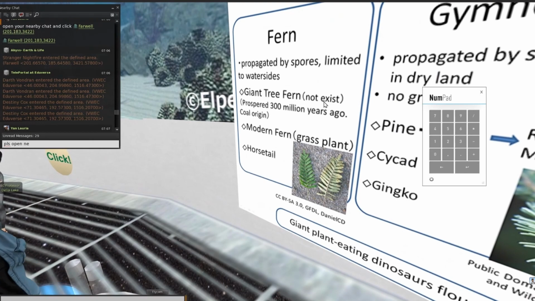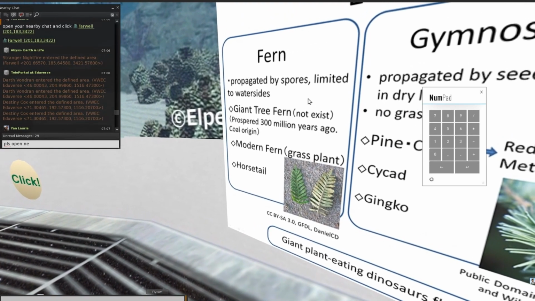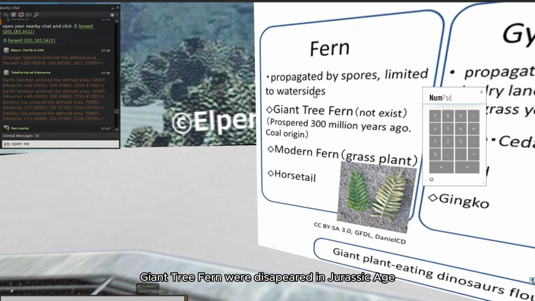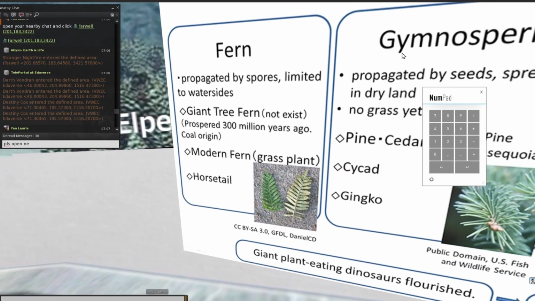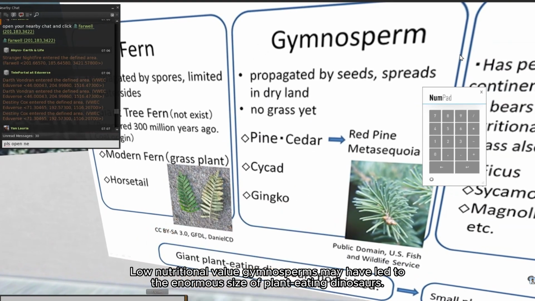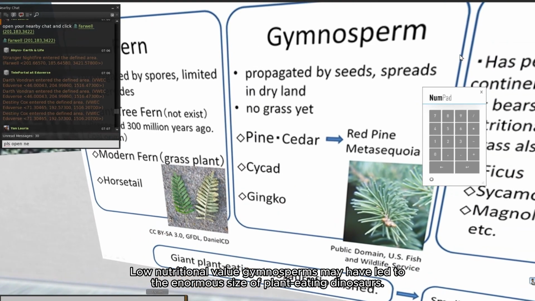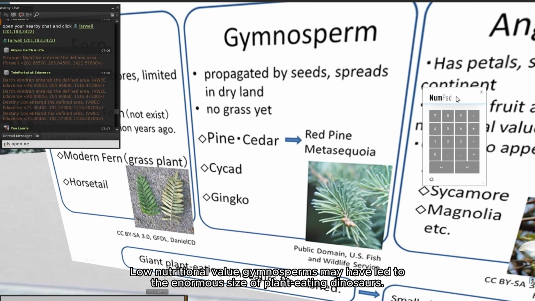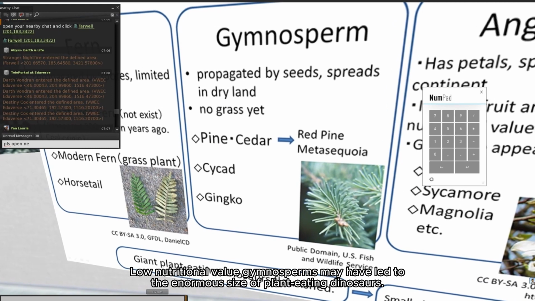By that time, Jurassic Age, giant fern trees had disappeared, and gymnosperms flourished, but their low nutritional value meant plant-eating dinosaurs had to eat in large amounts, which may have led to their enormous size.